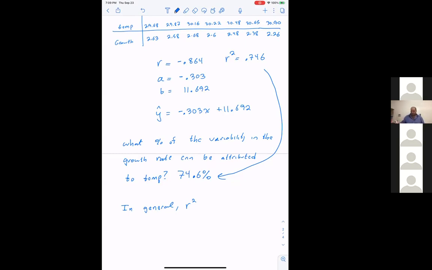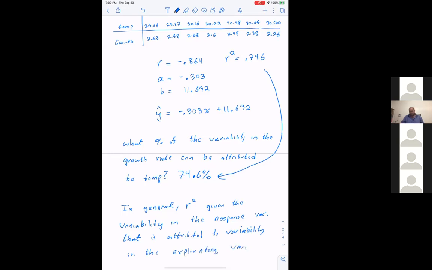Okay, so in general, R squared gives the variability in the response variable that is attributed to variability in the explanatory variable.